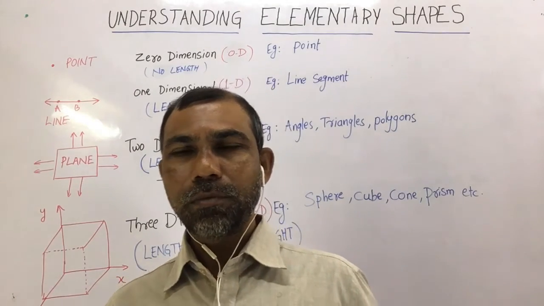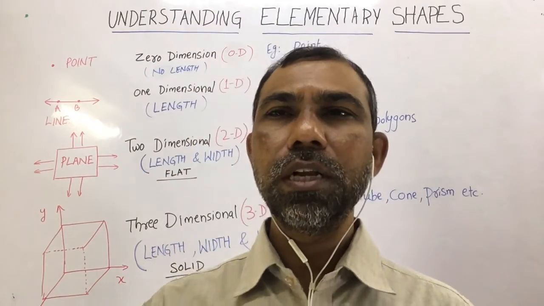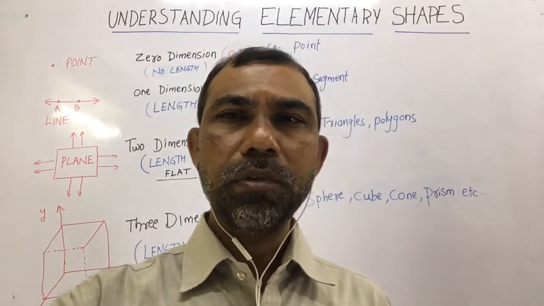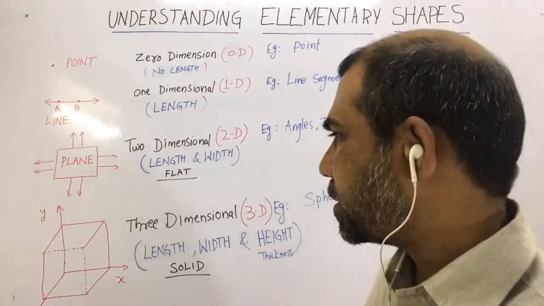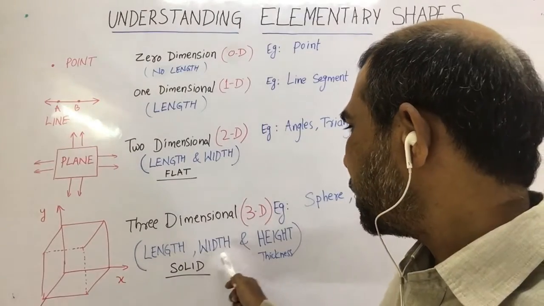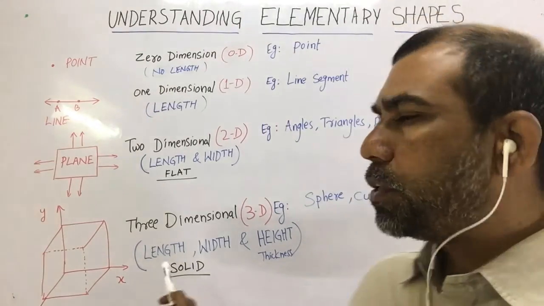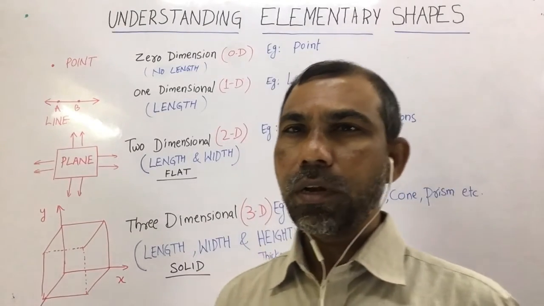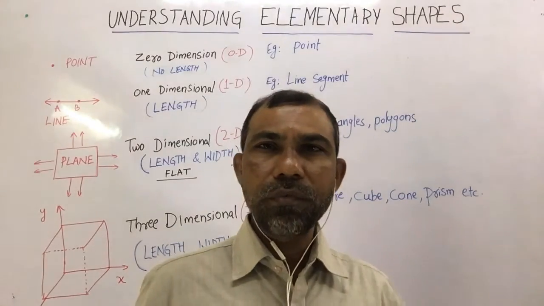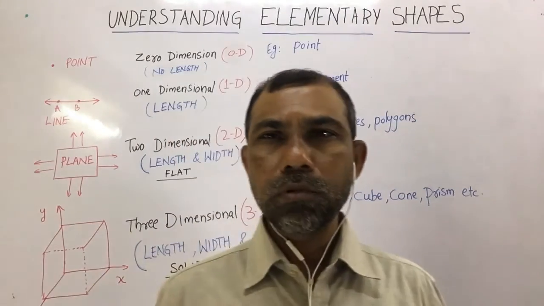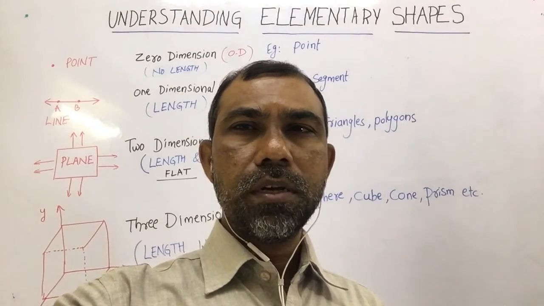The ice cream cone is in the form of a cone, that is also a three-dimensional shape. This three-dimensional shape will have three dimensions such as length, width, and height or thickness, and all these are solid shapes. So here we will be discussing the two-dimensional shapes or polygons now.